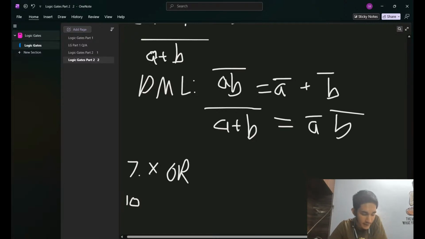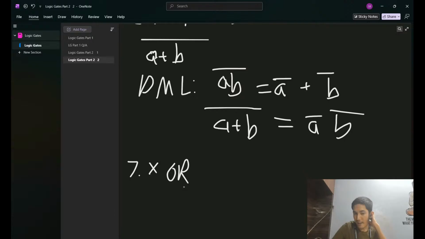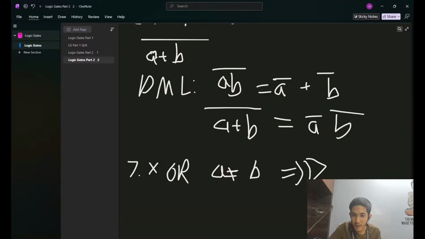It says whether the two numbers are equal or not equal. So it checks that A is not equal to B. That's what it does. Its representation is a disjoint, or separated, OR gate, not the circle, of course.